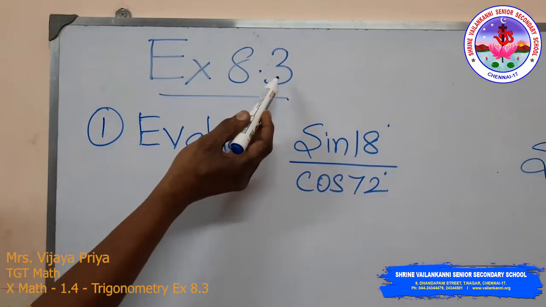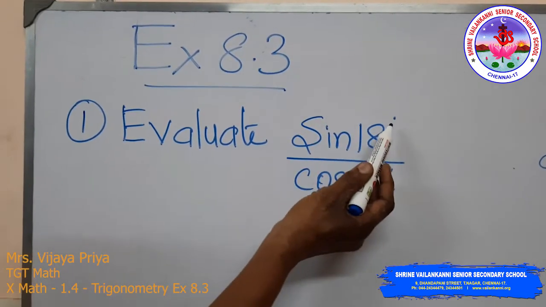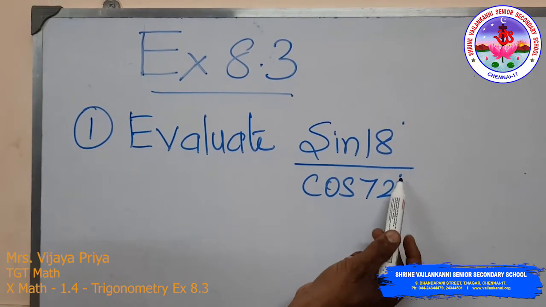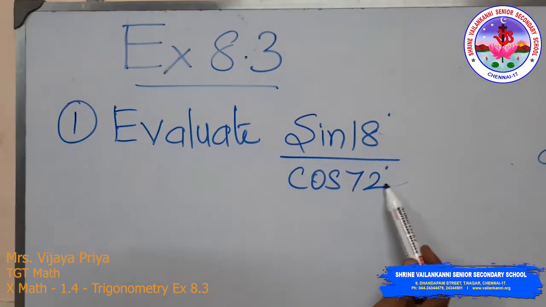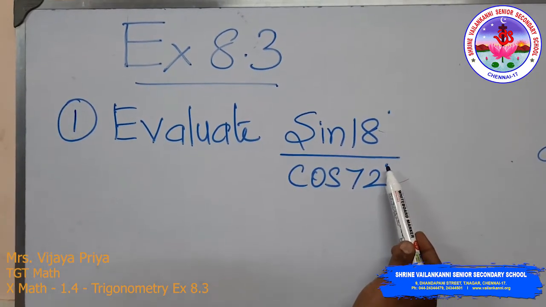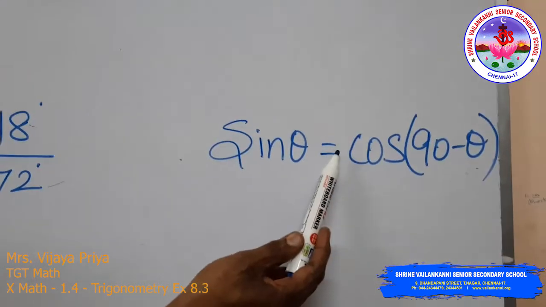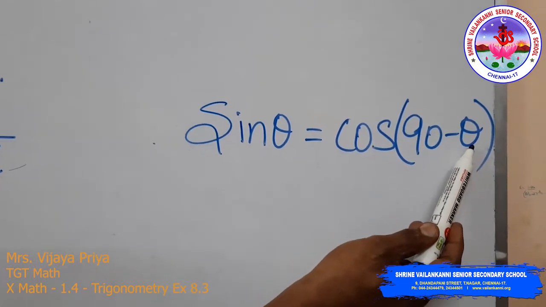Exercise 8.3, first problem, evaluate sin 18 degree divided by cos 72 degree. Since 18 and 72 are complementary, we are going to use our complementary function, where sin theta can be written as cos of 90 minus theta.